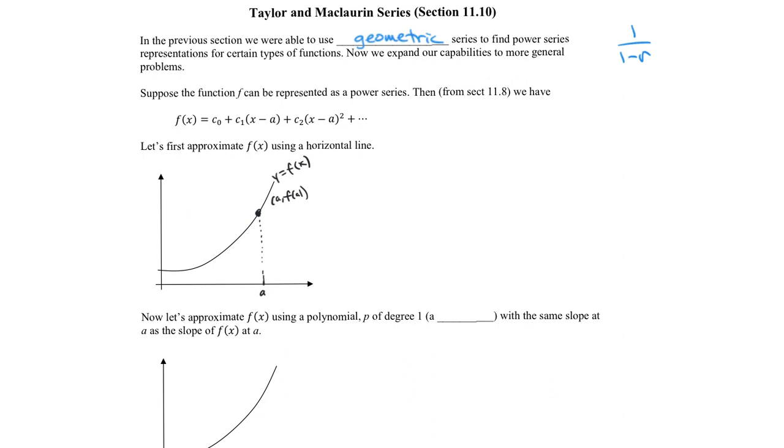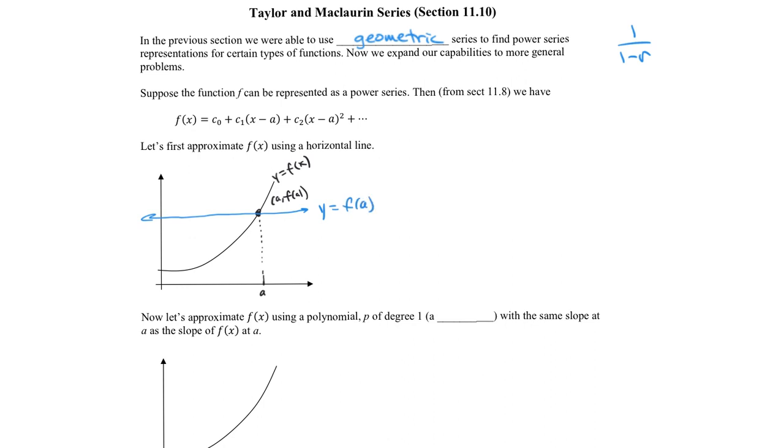If we were going to approximate this function using a horizontal line, which wouldn't be a great idea, we could have this horizontal line shooting right across here. This horizontal line would be the line y equals whatever that y coordinate is, so in this case, our line would be y equals f of a.